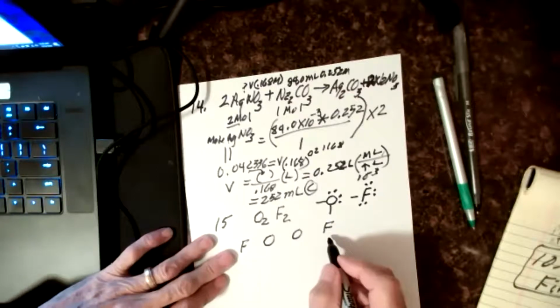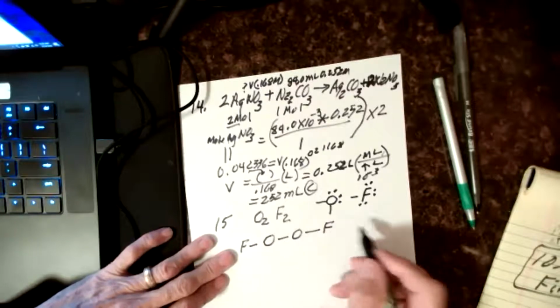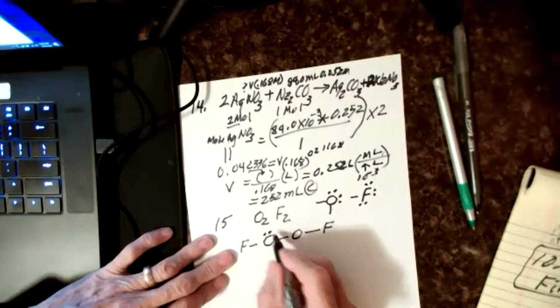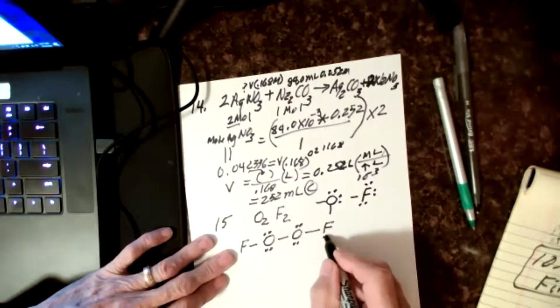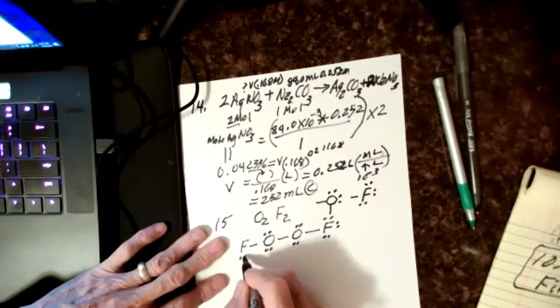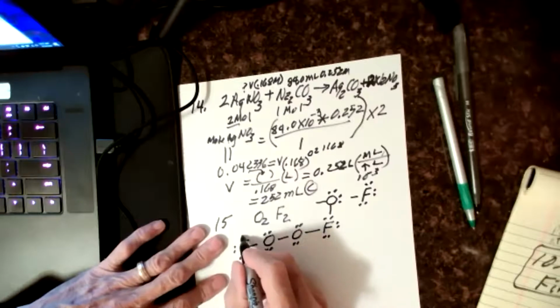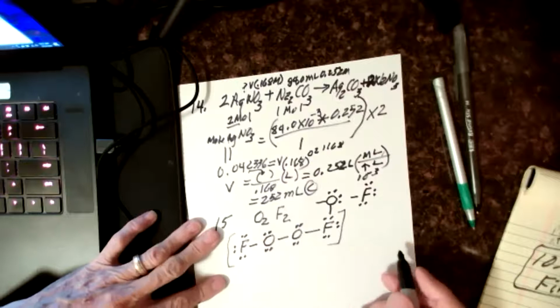I want the fluorines to be on the end. I can connect the 2 atoms together like that. I want 2 lone pairs on every oxygen. Now that's the structure that we would probably like to draw.